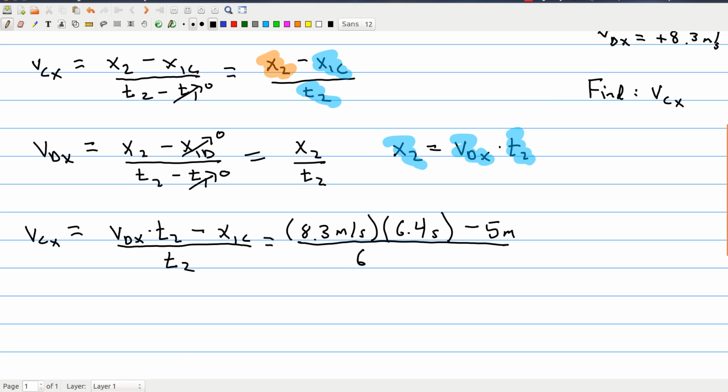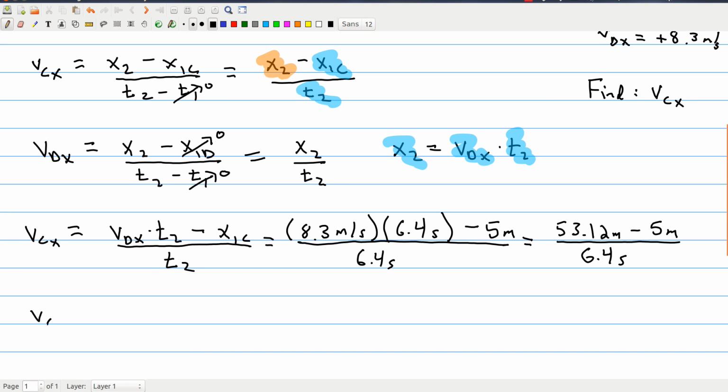And again, T2 was 6.4 seconds. So if I multiply out the 8.3 and the 6.4, I get 53.12 meters minus 5 meters over 6.4 seconds.